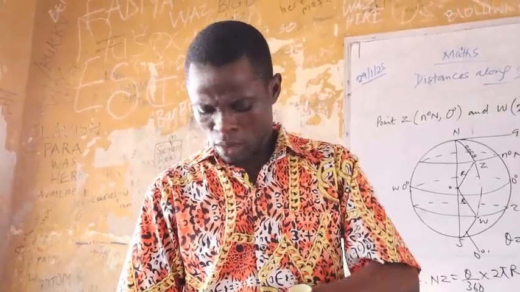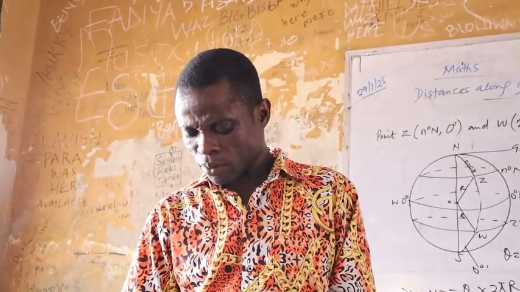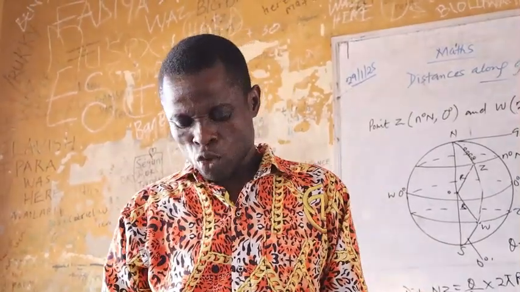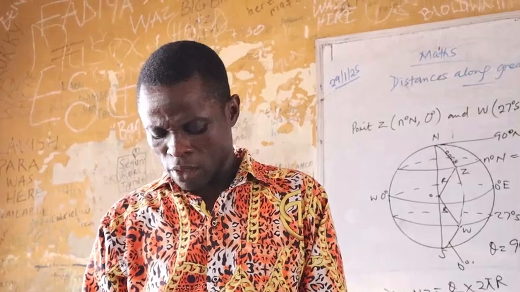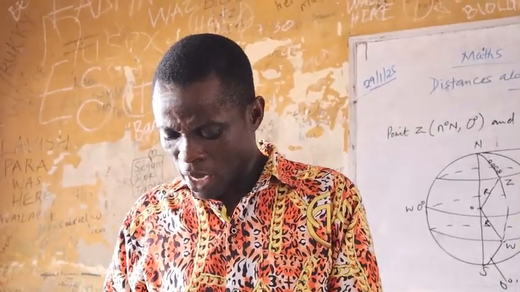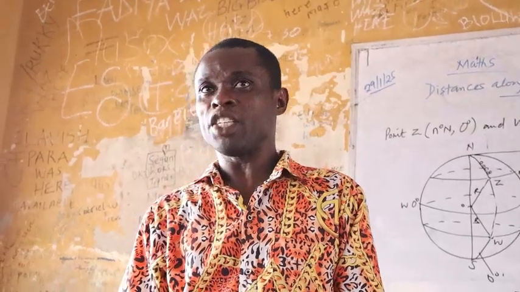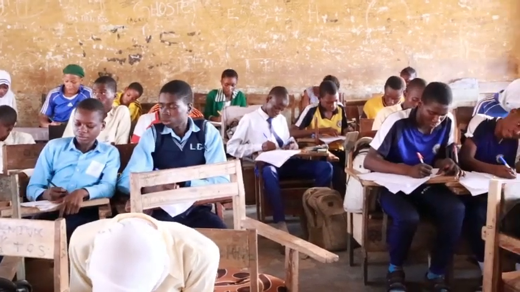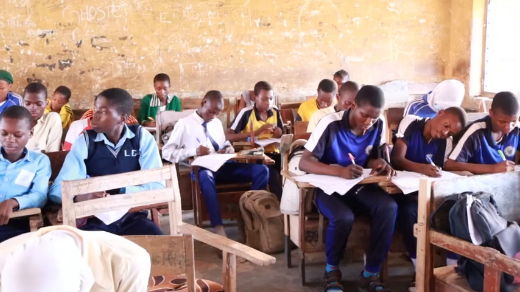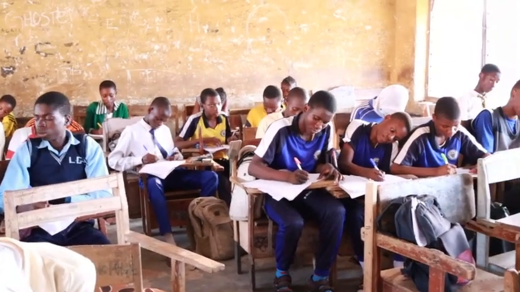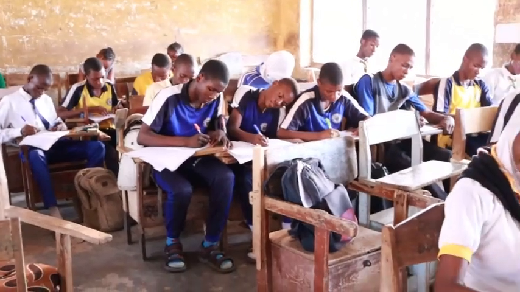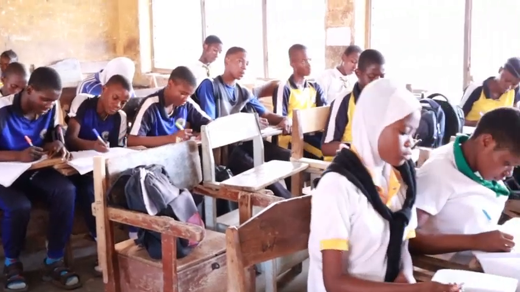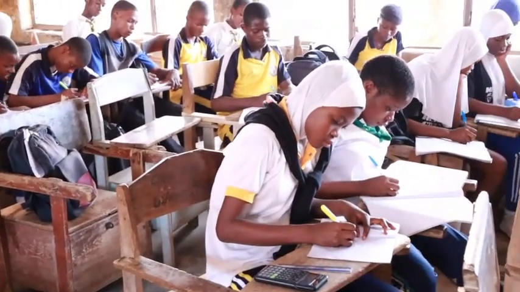The question is this. Two places A and B on the Earth surface lie on the same meridian and have latitudes of 75 degree north and 15 degree north respectively.